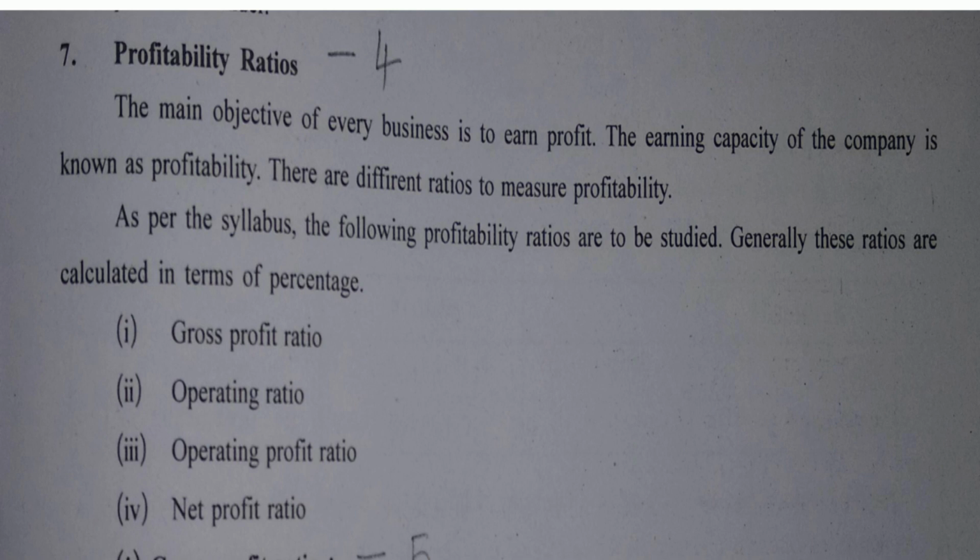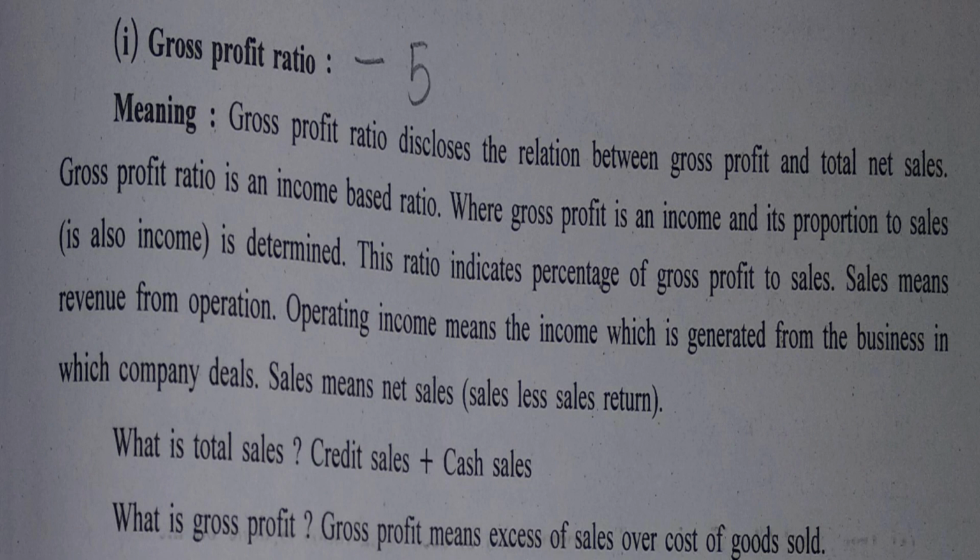These ratios are calculated to measure profitability of business, of which the very first ratio we are going to understand in today's lecture is gross profit ratio. I repeat, you are supposed to write everything in the order that is taught in today's lecture, and from now onwards, you will follow the same pattern.